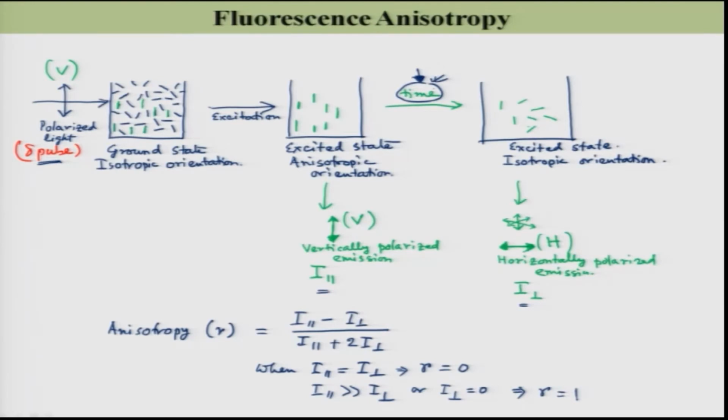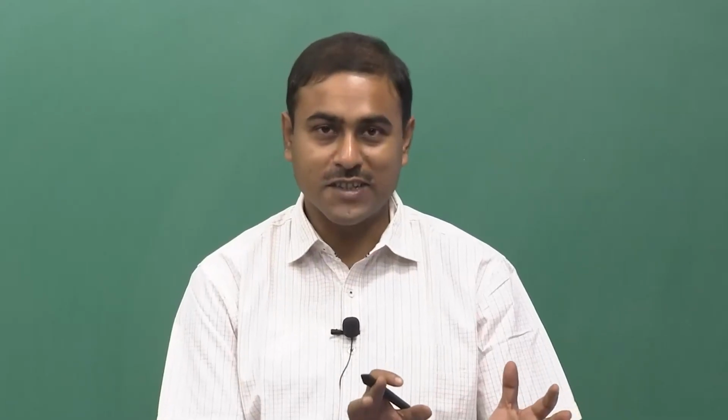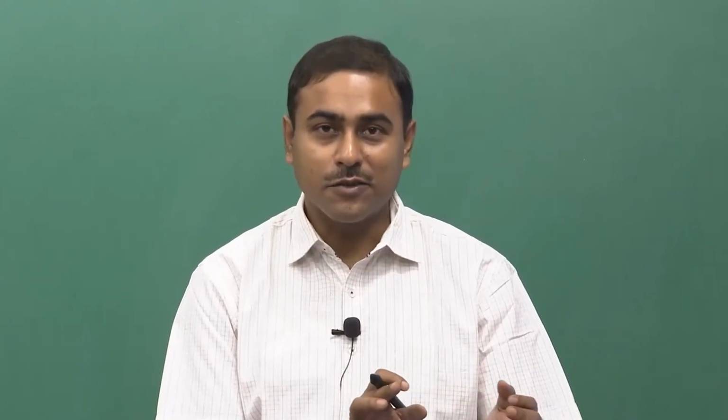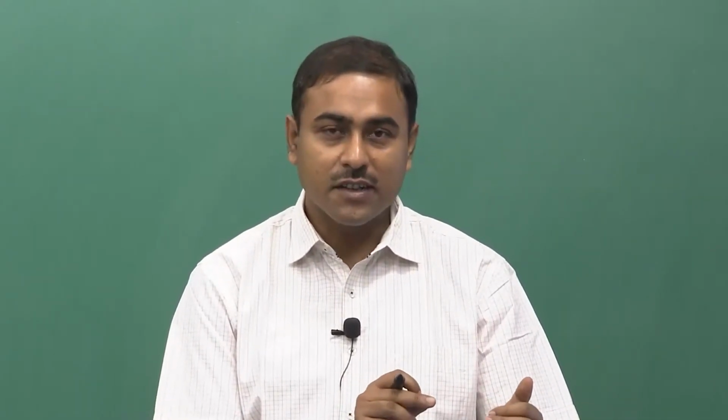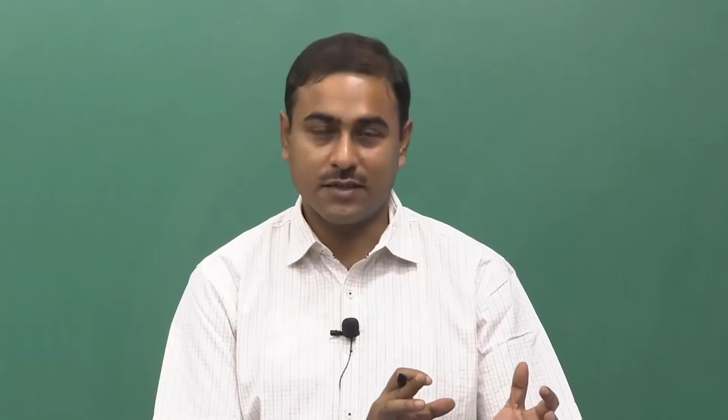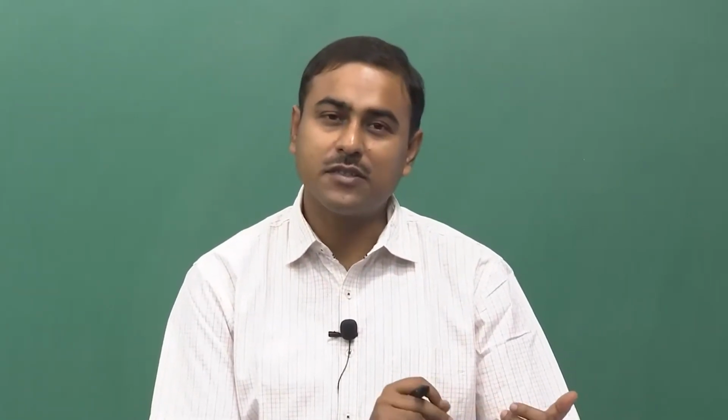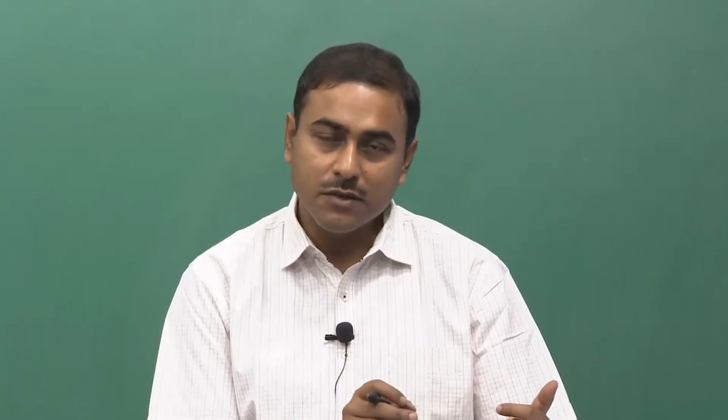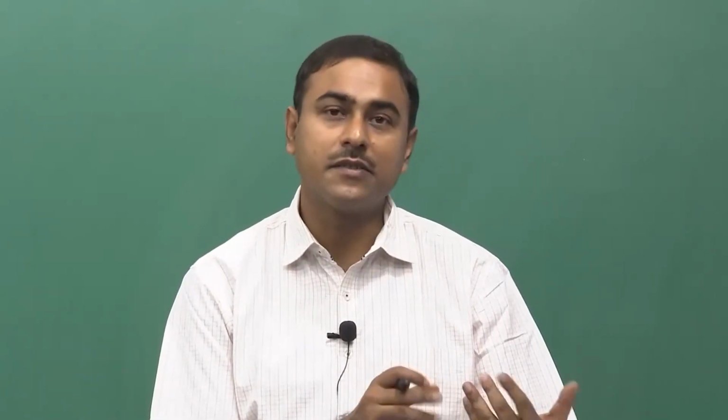By looking at this value of R, I can comment on the rigidity of the system. If R is very high, it is very difficult to tell that R is 1 because it is not, but still I am telling. If the R value is, let us say, 0.4, it means that the reorientation is not that feasible. But if R is very small, 0.001, 0.005, that means the reorientation is very fast.